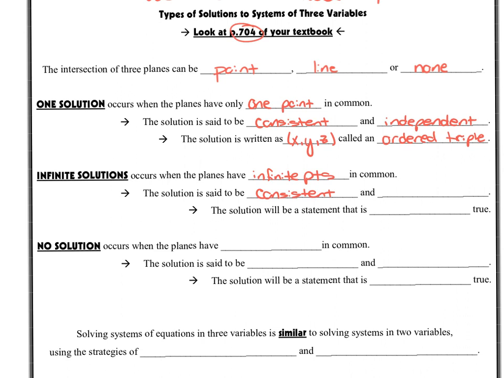Consistent but dependent. And when you're solving it, what will happen is all of your variables will eventually drop out. Through your processes of substitution and elimination, the variables will all drop out, but you'll end up with a statement that is always true. We'll look at that example down below here in just a moment.